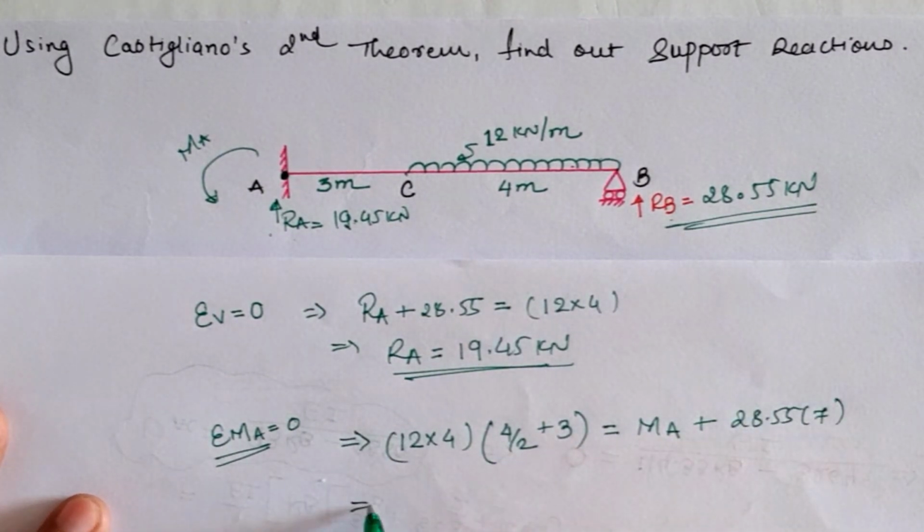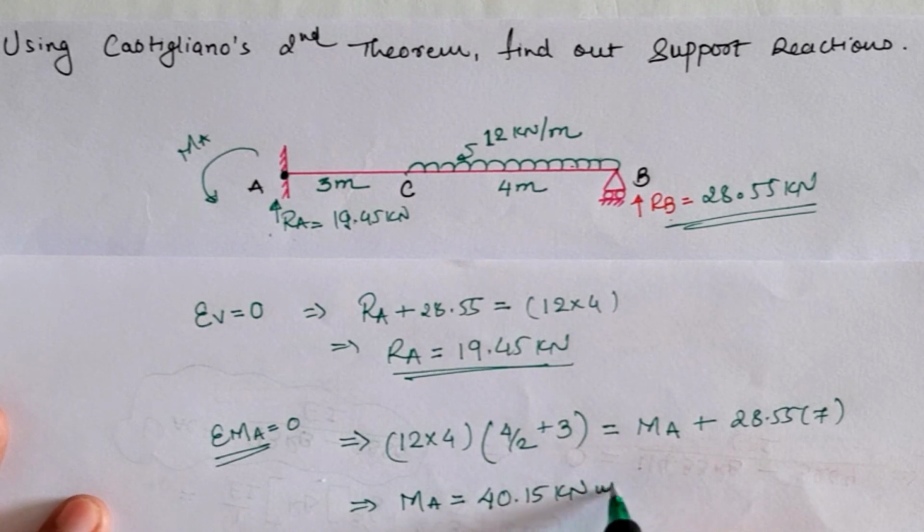Now solving this term, we will have the moment at location A, which is equal to 14.15 kilonewton meter.